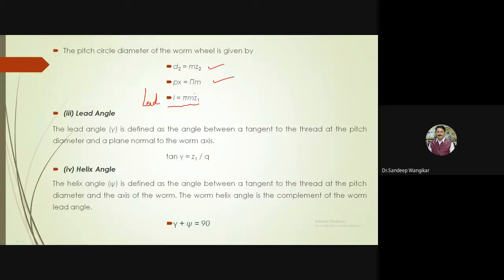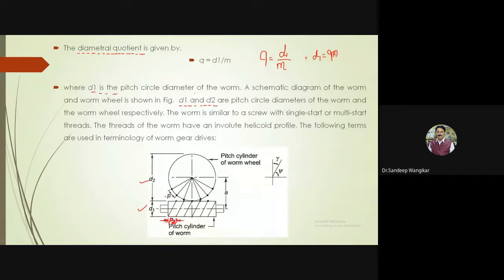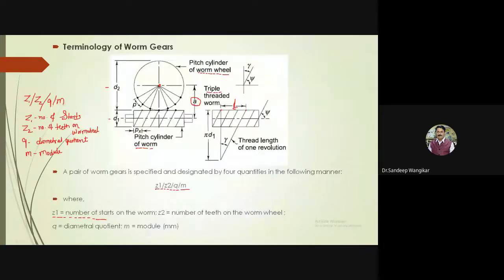Now next, lead angle. The lead angle is defined as the angle between tangent to the thread at the pitch diameter and the plane normal to the worm axis. So see, this is the angle. It is mentioned here in this particular diagram: gamma.